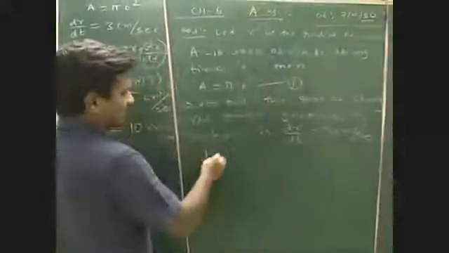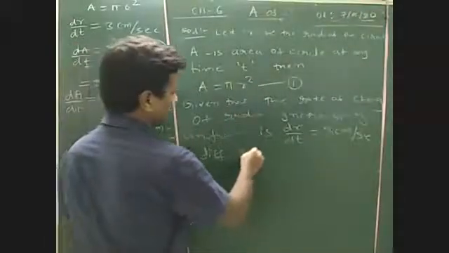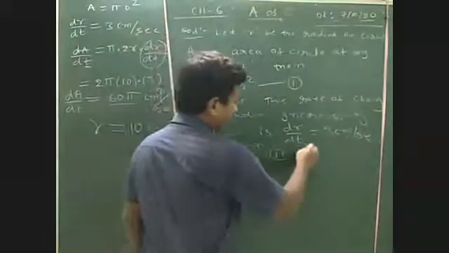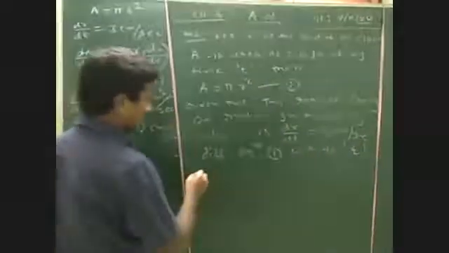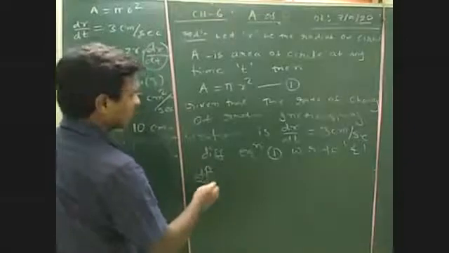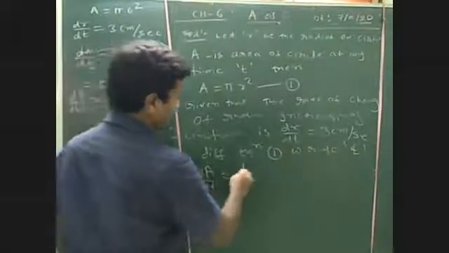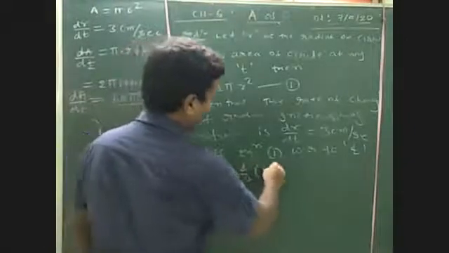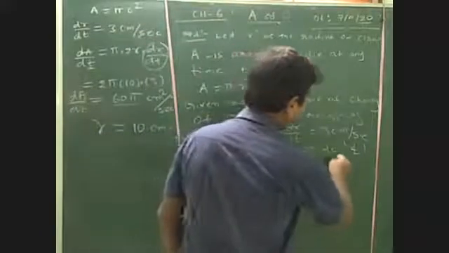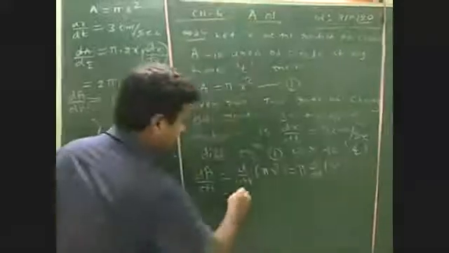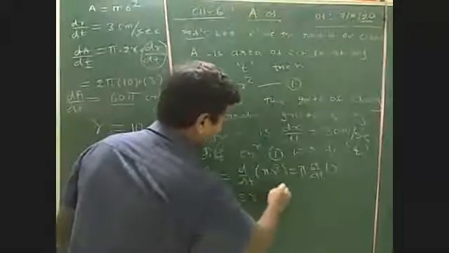Then differentiate equation 1 with respect to t, with respect to time. So dA by dt is equal to d by dt of pi r square. This is equal to pi into d by dt of r square. Then r square gives 2r into dr by dt.